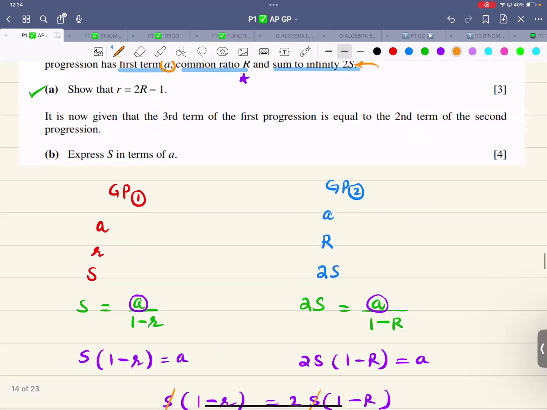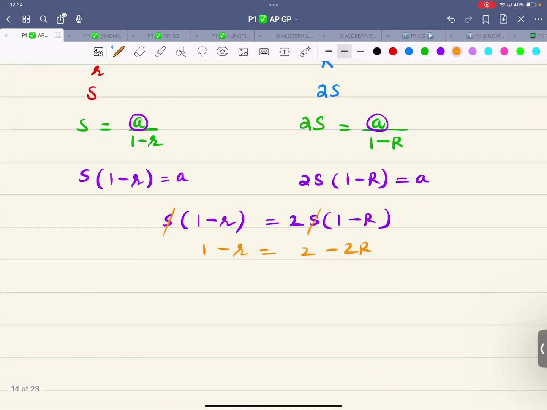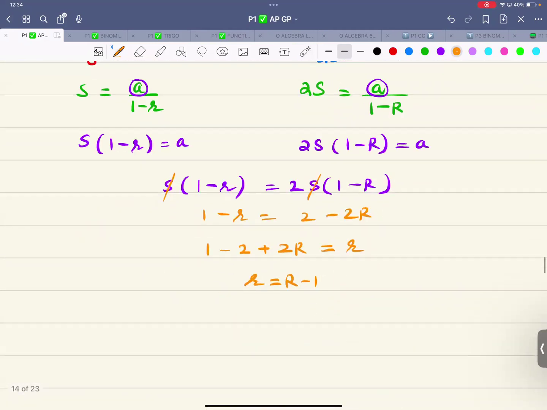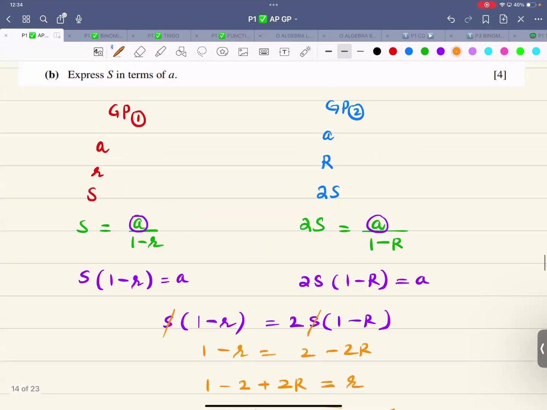I have to make small r the subject. So therefore 1 minus 2 plus 2R is equal to small r. So small r is 2R minus 1. My bad, this is 2R minus 1. So this is the answer.